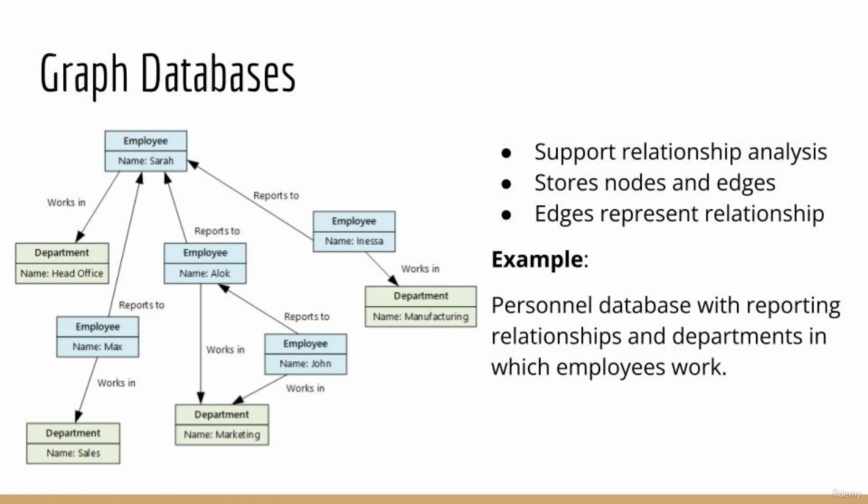Our example here shows an organization's personnel database structured as a graph. The entities are employees and departments, and the edges indicate reporting relationships and the departments in which employees work. This structure makes it straightforward to perform queries, such as finding all employees who report directly or indirectly to Sarah, or who works in the same department as John.